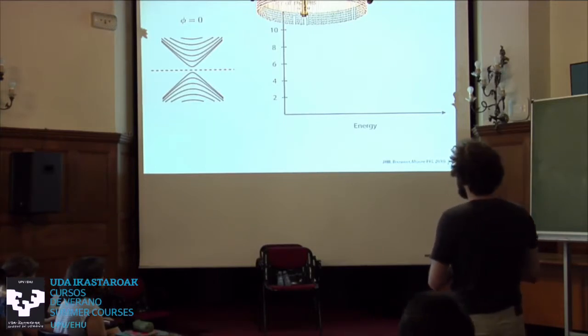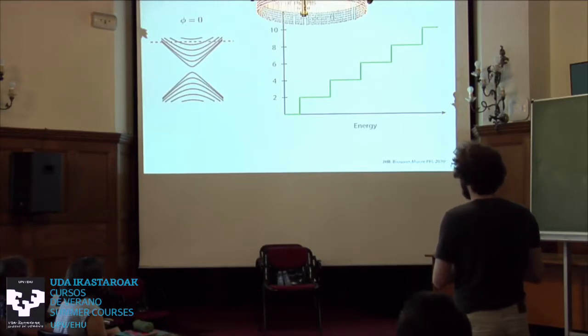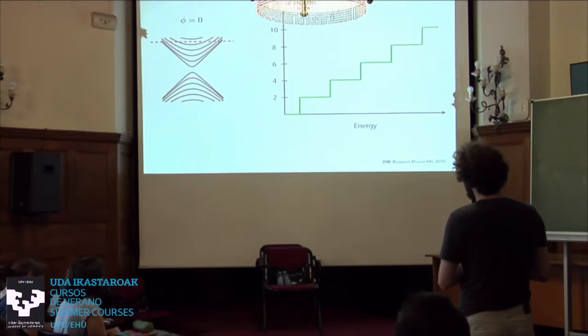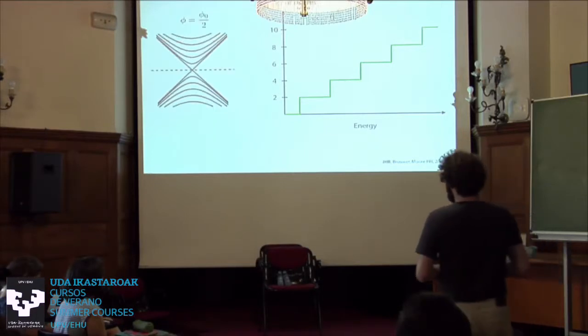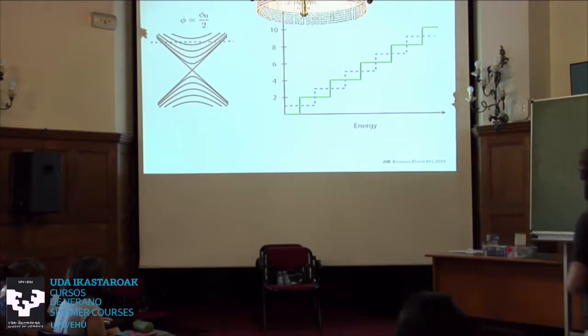So I start now at phi equal to 0, and I'm going to vary the energy. As I vary the energy, I get 2 modes every time I cross a band. So the number of modes goes in steps of 2, but it's 0 at 0 energy, which is the Dirac point, the chemical potential here. Well, if I take half a flux quantum, I start with 1 mode, but I also move in steps of 2.